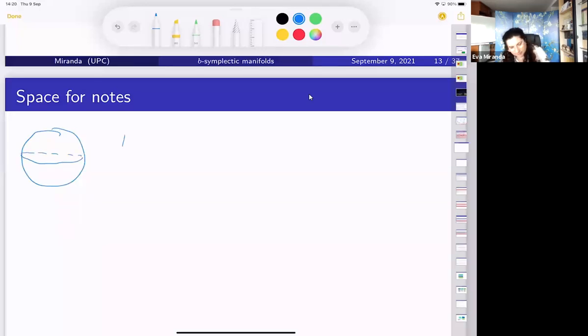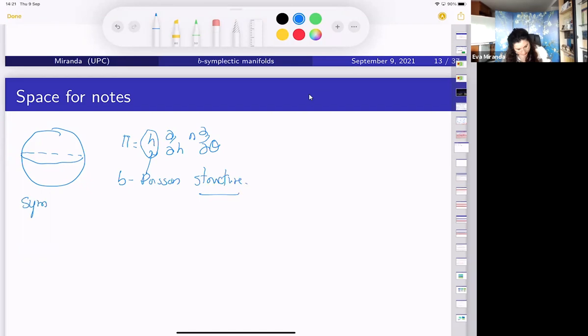I take pi to be h ∂/∂h ∧ ∂/∂θ. Is this b-Poisson? Yes, because it's two-dimensional, and we said that the condition is transversality. This is equivalent to having a linear function. So this is a b-Poisson structure. Now the question is, what is the symplectic foliation?